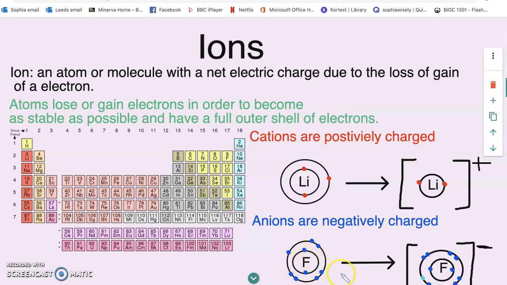So the fluorine then goes across like this, and you see there's 8 outer shell electrons here, and one of them is teal, and that teal coloured one is the gained one. So now it means that the fluorine has more electrons than protons, and so is more negative in charge, so there's a negative here, and so anions are negatively charged.